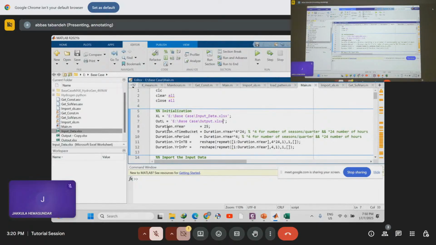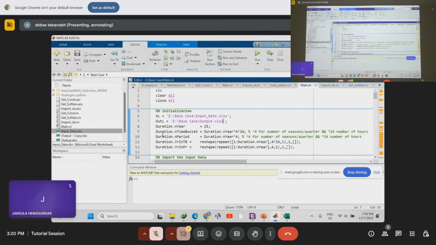So now we are defining our problem and model. We want to do the planning for the next 25 years. So we use this parameter, duration.nyear, which is the number of years. I gave it 25. This one shows the planning years.